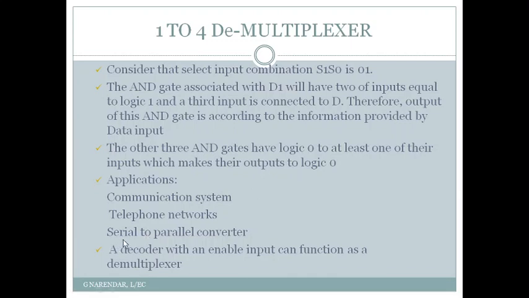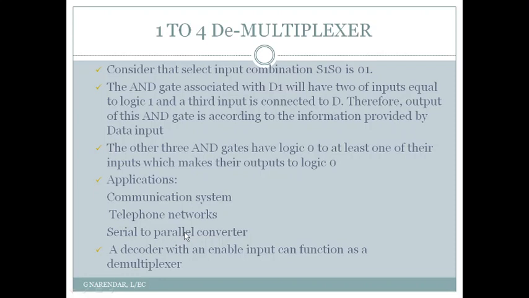From the economic point of view, you transmit the data serially, and at the receiving end, when the data is to be processed by a computer, the serial data received on a single transmission line, a single channel, should be converted back to parallel, and this can be achieved by using the demultiplexer.